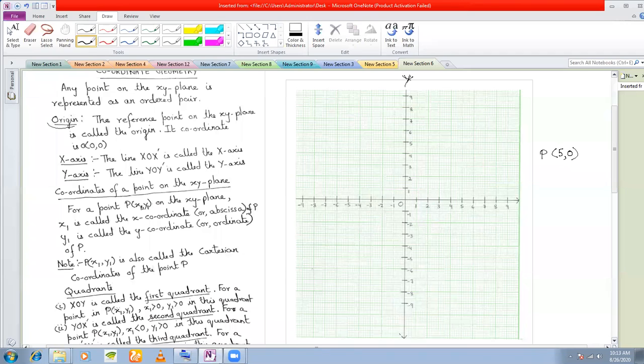Let us call this point P. How will I locate this point? From the origin, my abscissa here is plus 5. So I'll move in the positive direction of X. How many units? 5 units. So 1, 2, 3, 4, 5. So I stop here. Now I look at the ordinate or the Y coordinate. Y coordinate here is 0. So I don't have to move anywhere. Since the distance is 0, I stay at 5.